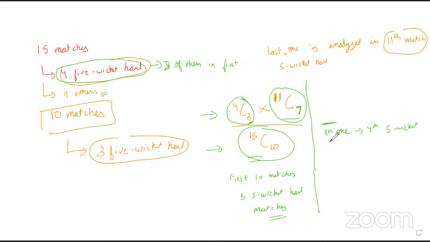Next, we need the probability that the 11th match should be a 5-wicket haul match. So I have 5 matches left to analyze, of which only 1 is 5-wicket and 4 are others, right? And I am randomly picking, so any match can be selected with equal probability. So the probability of getting this is 1/5, right?